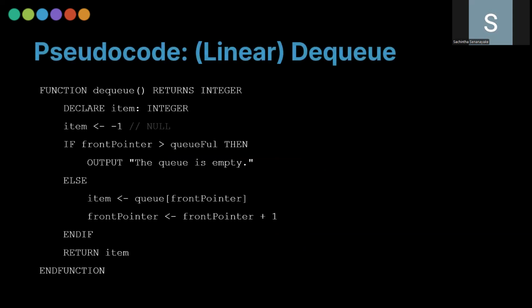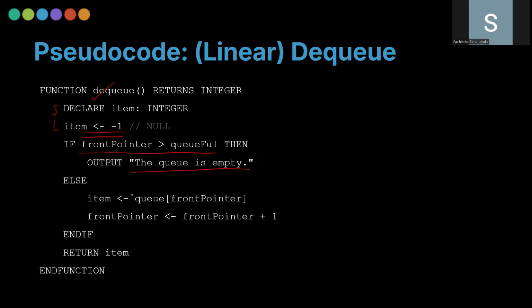Now, the pseudocode for linear dequeue is again pretty straightforward. You implement it as a function because you return the item that was dequeued. Of course, similar to a stack pop operation, you declare an item and you set the initial value of the item to be -1, which is a null indicator. If the queue front pointer is greater than queue full, let me know that the queue is empty.